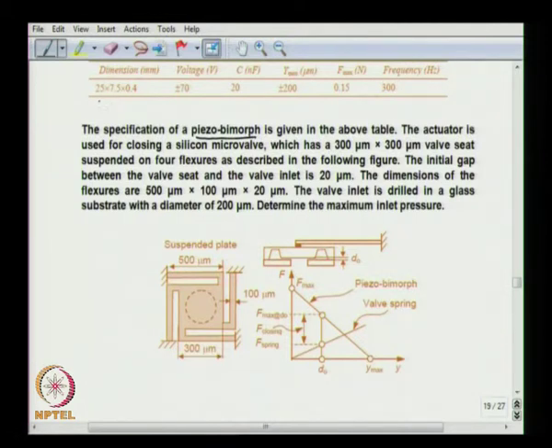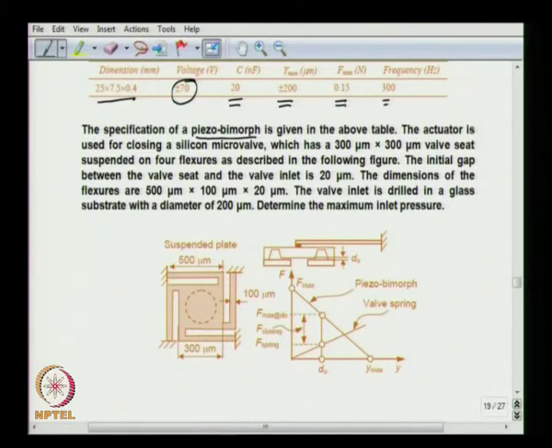The dimension is 25 into 7.5 into 0.4 millimeter. We are applying plus minus 70 volts. This is the capacitance 20 nanofarad, and the maximum deflection is going to be plus minus 200 micron, and the force that we encounter is 0.5 Newton at a frequency of 300 hertz.